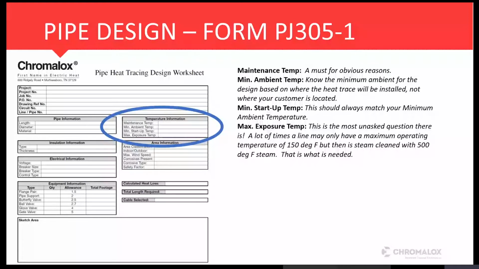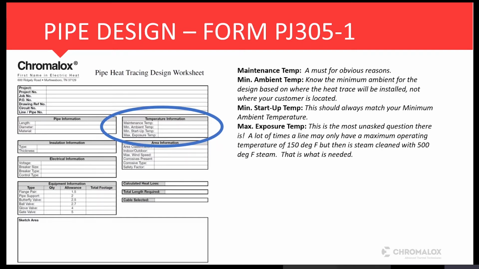There's all our heating cable melted on the pipe. So your max exposure temperature is not max design, it's not max operating, it is max exposure. What is the absolute maximum that pipe could ever see under any condition? So just keep that in mind. I probably preach that more than anything. So just always pay attention to exposure temp.